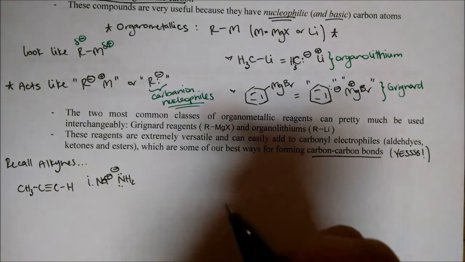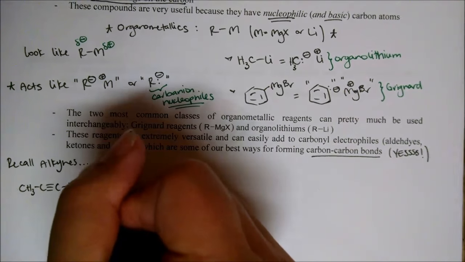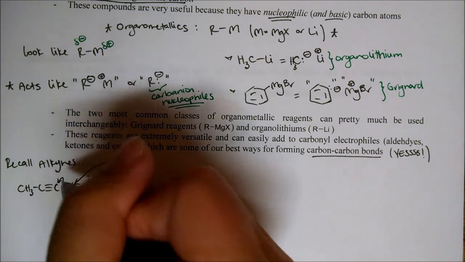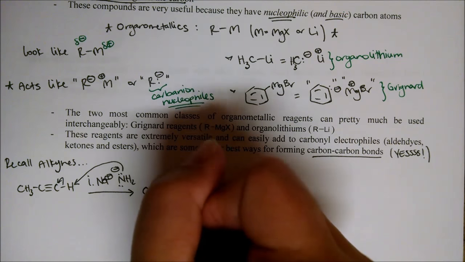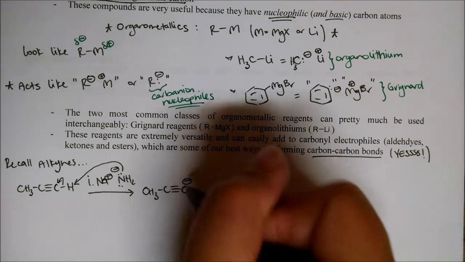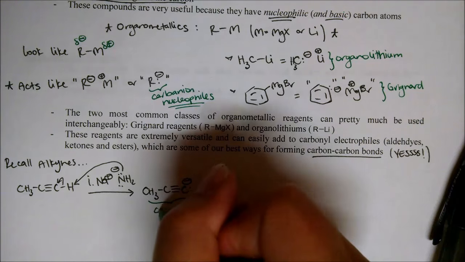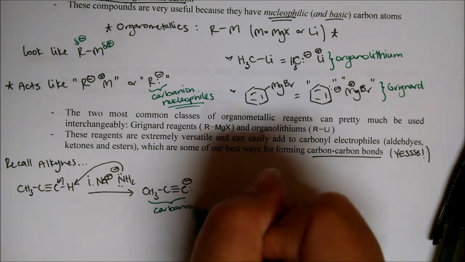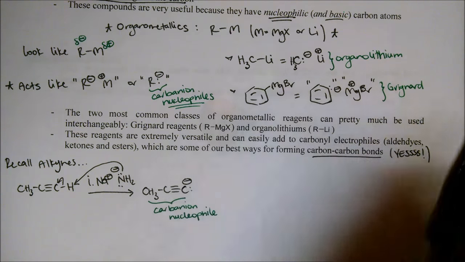Remember I did that whole story of sodamide? This can go and deprotonate, because the alkynes are relatively acidic, which gives us CH3C. Remember our carbanion? Yay! Carbanion. Again, this is an awesome nucleophile.